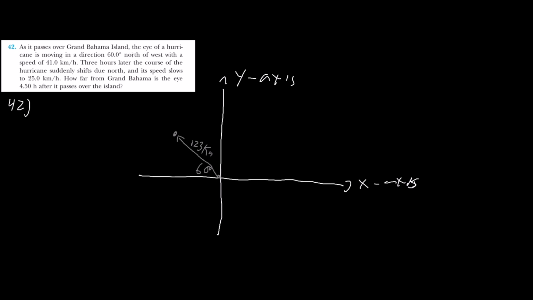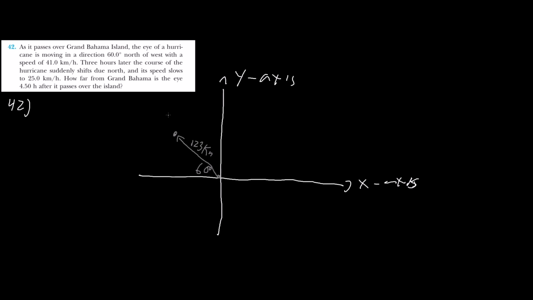All right, folks. Now we're going to say, since this is going to be 123 kilometers in this direction, that's going to be a vector. 3 hours later, after 3 hours, the course of the hurricane shifts due north and its speed slows down to 25 kilometers per hour.